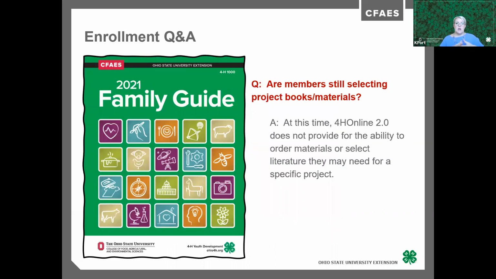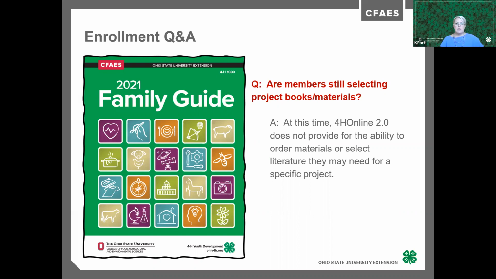Another question: are members still selecting project books and materials as a way for counties to pull reports on that information, to know what project books need ordered, what resource manuals need ordered, etc.? The system is not set up to provide that anymore, which I know is a problem for a lot of counties here in Ohio.